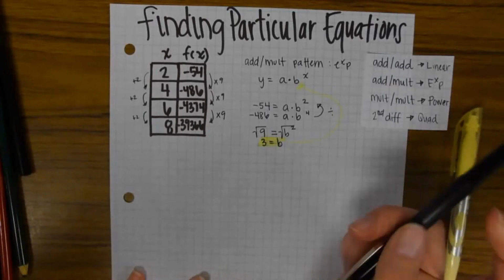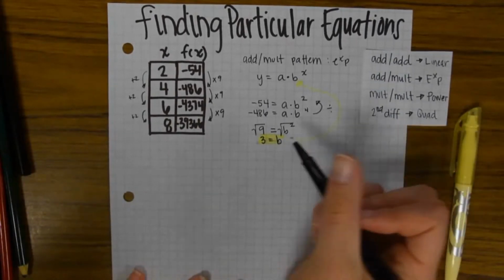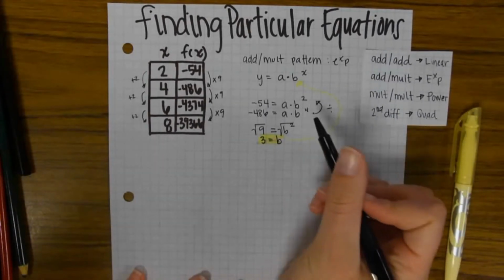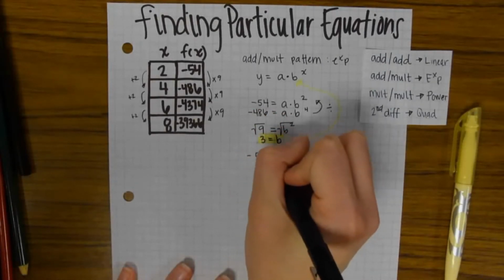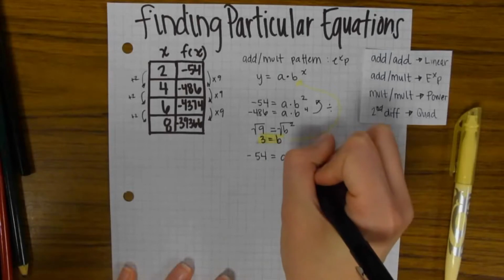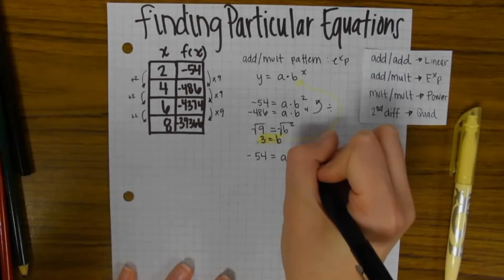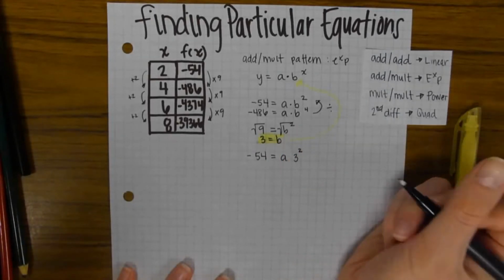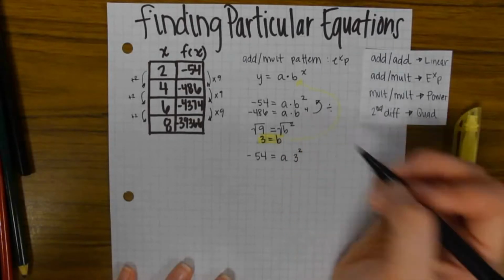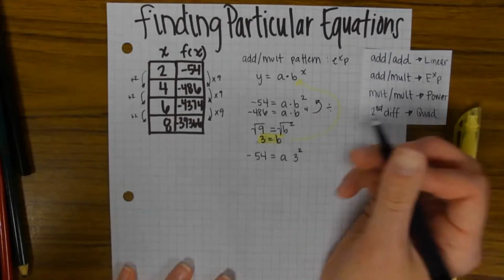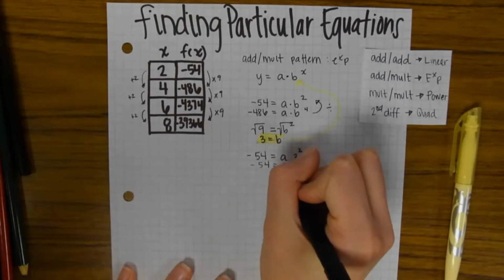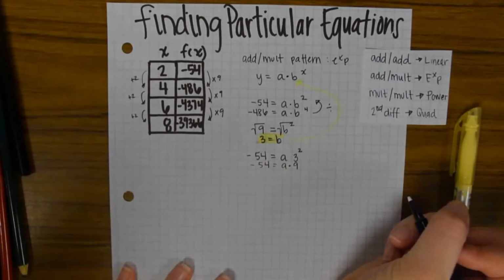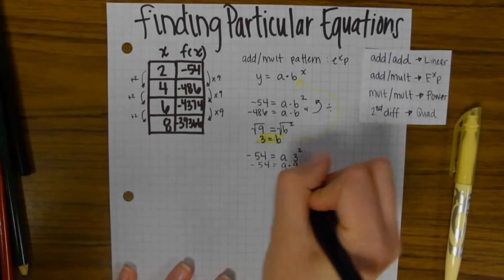How do we figure out A? Well, let's take the 3 and plug it into our first equation. Negative 54 equals A times 3 to the second power. I just took that 3 and plugged it in for B because now we know that's what B is. Well, 3 squared is 9, so we have negative 54 equals A times 9. To get A by itself, divide by 9.